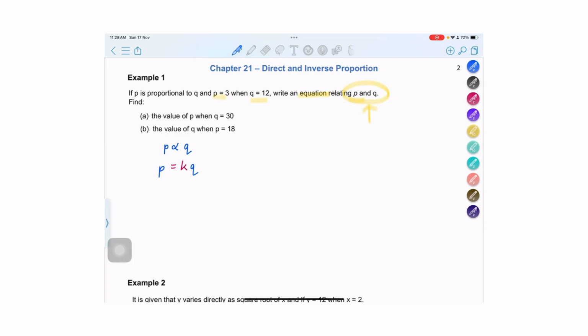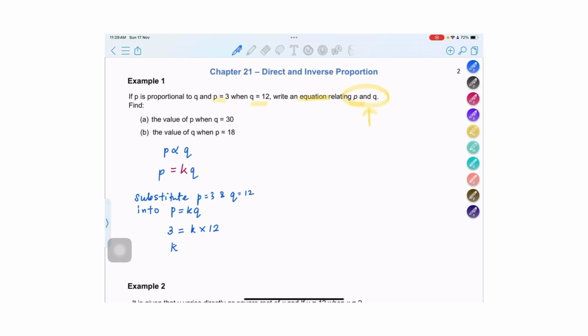So we substitute P = 3 and Q = 12 into P = kQ. So 3 equals k multiplied by 12. What is the value of k? That will be 3 over 12. Simplify it.